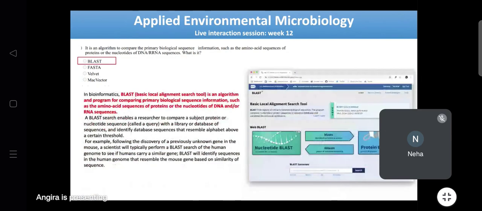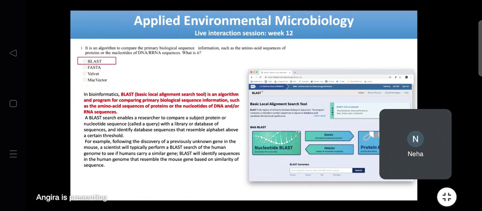Has anybody of you done BLAST or checked BLAST on your computer? If you have done it, the screen that you are seeing on the right-hand side is what the main page of BLAST looks like.